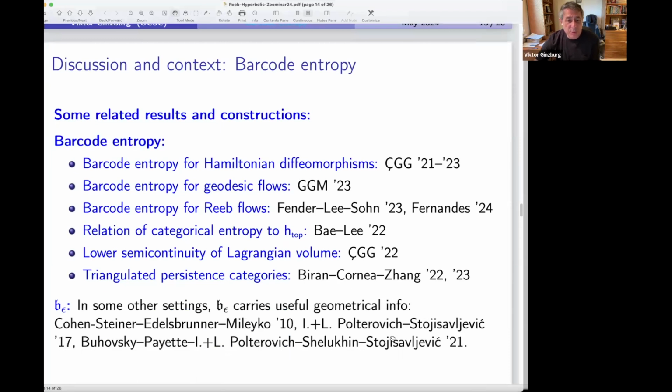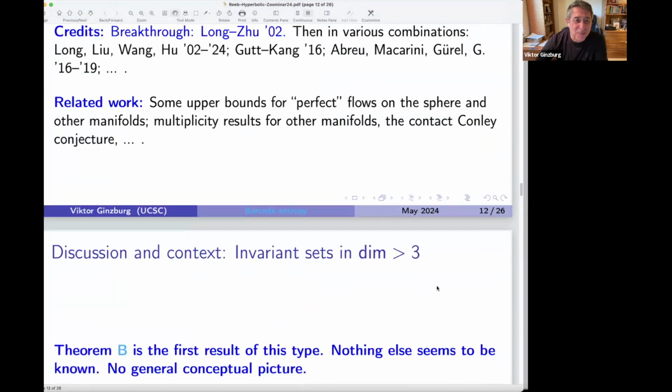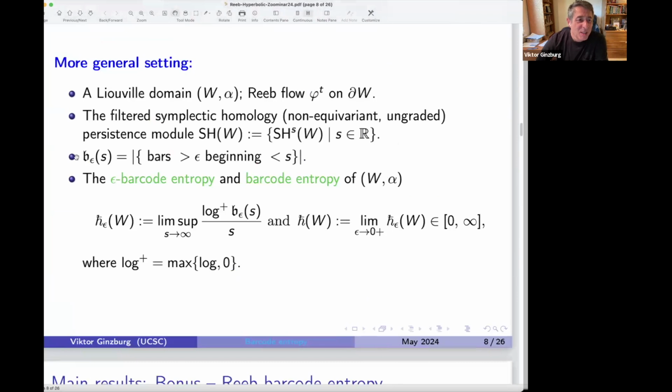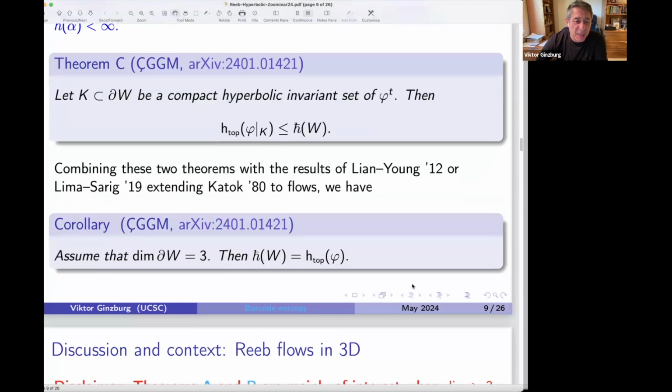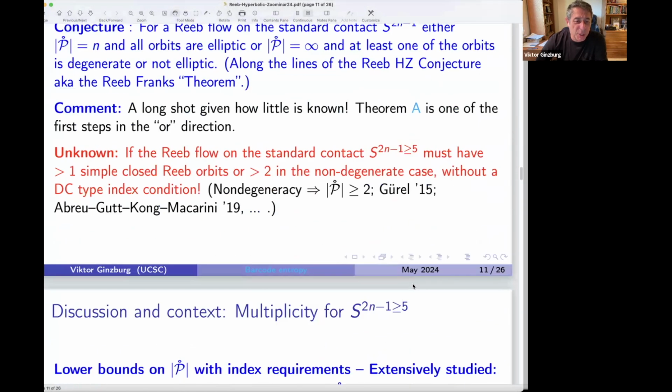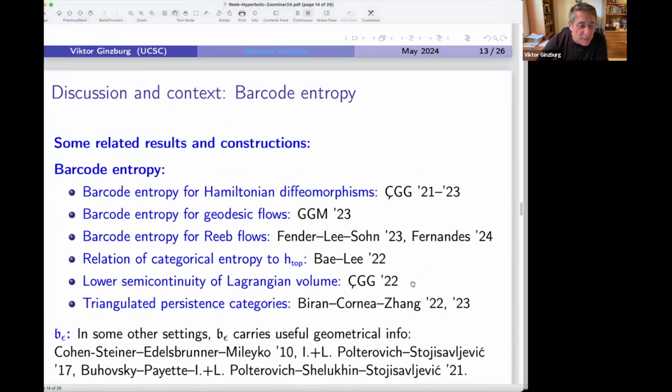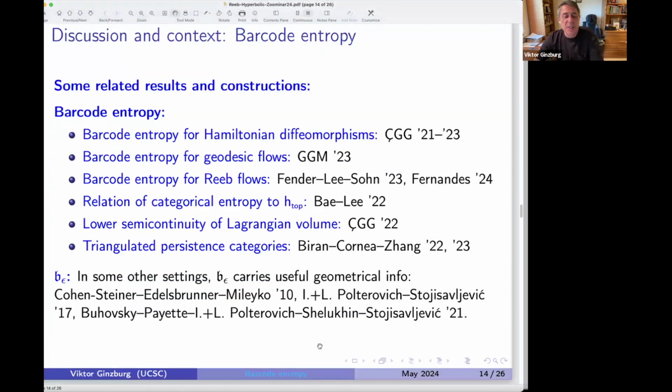So maybe one point I should make here is that this B epsilon, this counting function for bars of length greater than epsilon, comes up in other geometric applications of barcodes.